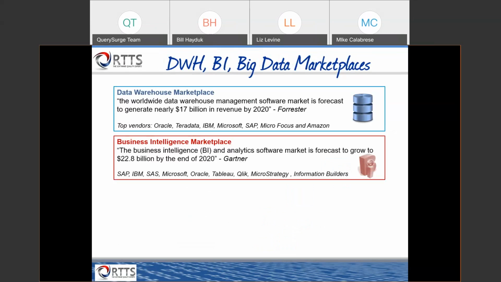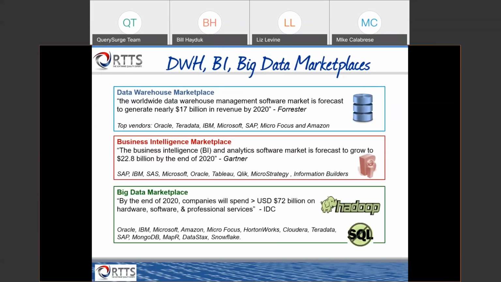The business intelligence marketplace, so the tools and the software that you're using to analyze all of this data, is forecast to grow by 22.8 billion. And just taken as a whole, the big data marketplace, with the hardware, the software, and the professional services wrapped around it, is on track to spend more than $72 billion.